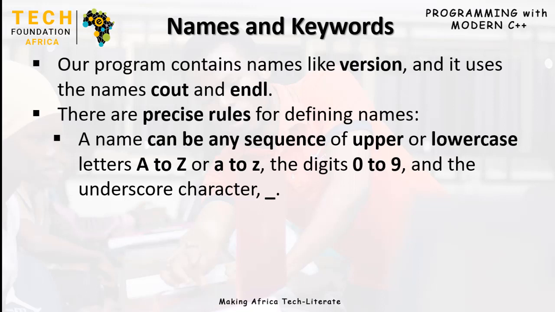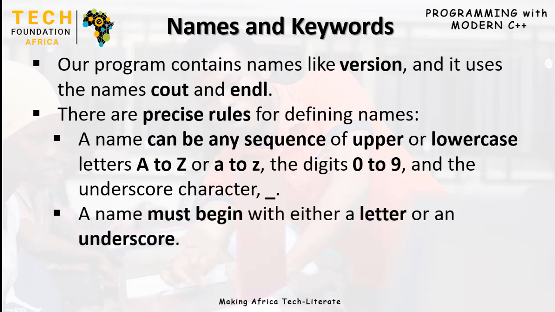Is that okay? Another thing that you should also take note of is that a name cannot have a space in it, and a name must begin with either a letter or an underscore. So these things are very key when you are creating names. Is that okay? Now C++ names are case sensitive. So for instance, in our program we define a variable called version, all spelled in small letters.